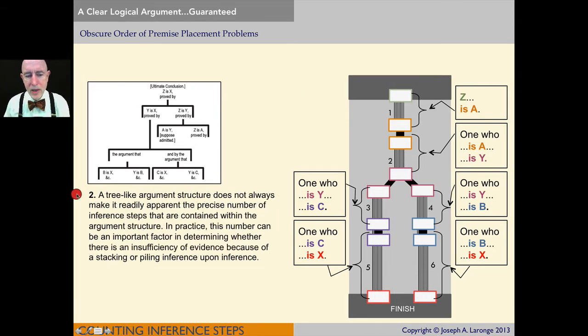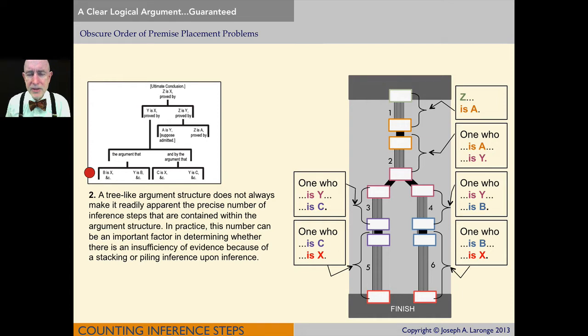Well, problem number 2 with this obscure order of premise placement. When you look at a typical tree-like structure, another problem is it doesn't always make it readily apparent the precise number of inference steps that are involved.